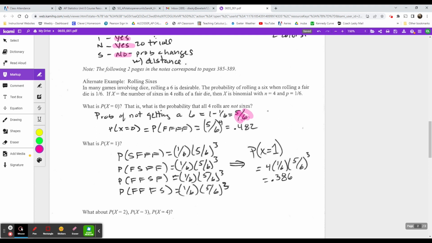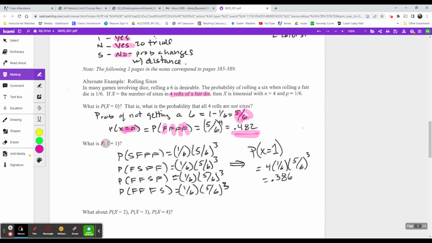If I roll it again, I get 5 out of 6 probabilities. Well, if it's 4 rolls of a fair die, that means it's 1 roll, 2 roll, 3 roll, 4 roll. So what's the probability of failing? 5 over 6 to the 4th power. So I get 0.482. That's the probability of getting 0 sixes.